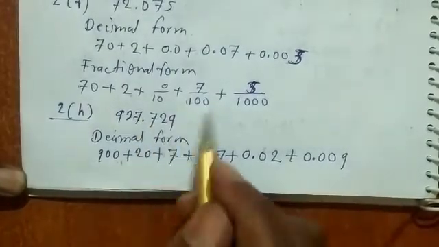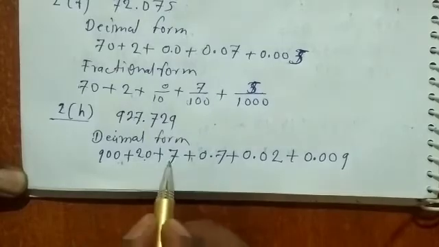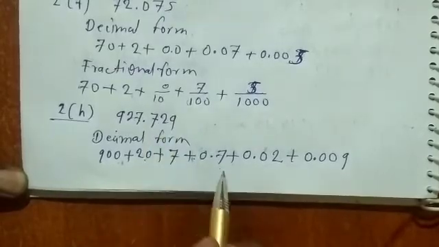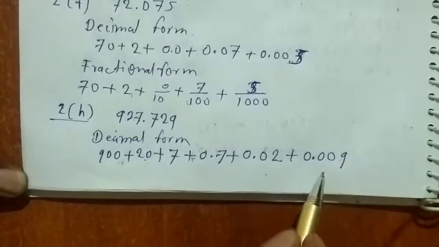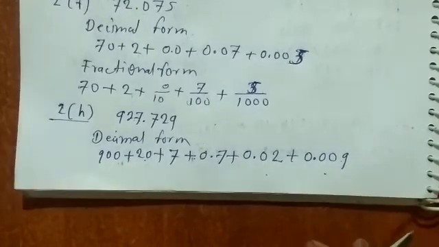In the fraction form it will be 900 plus 20 plus 7 plus 7 upon 10, 2 upon 100, 9 upon 1000. So this is the expanded form of the question.